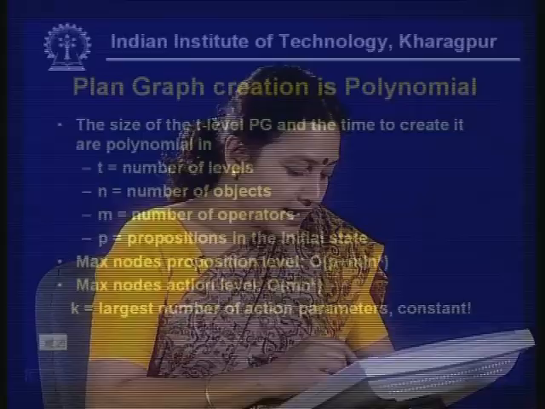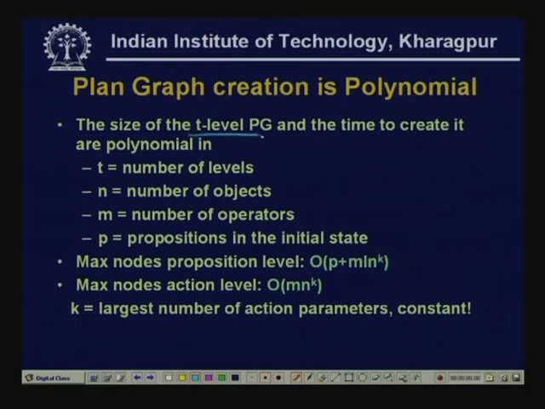Now, before we proceed, we note that the creation of the planning graph is a polynomial time algorithm. The size of a t level planning graph and the time to create the planning graph are polynomial in the following: t is the number of levels, n is the number of objects, m is the number of actions, and p is the number of propositions in the initial state.